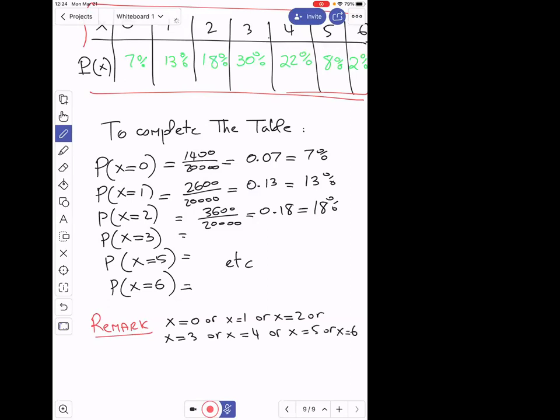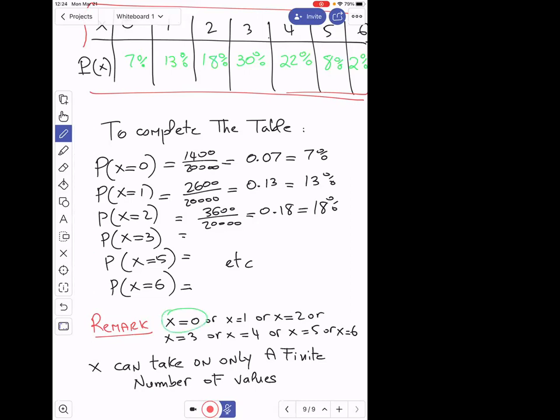So x here can take on only a finite number of values, right? From 0 to 6, how many possible values do we have?